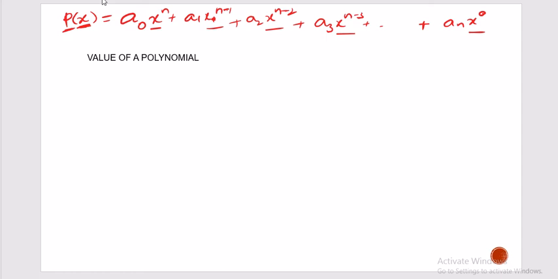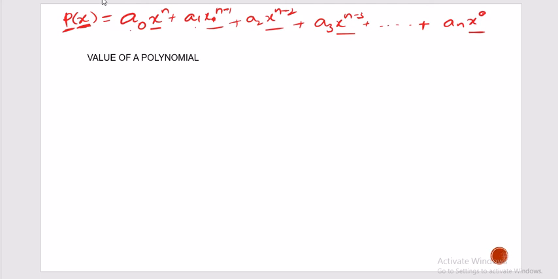For every polynomial, all the terms need not appear; there can be missing terms because of a particular coefficient. Here a0, a1, a2, a3 and so on up to an are what we call coefficients. If any of these coefficients is 0, then that particular term goes missing.